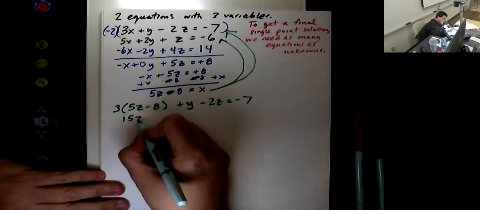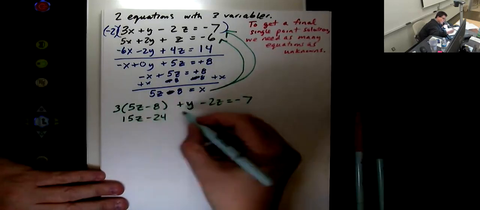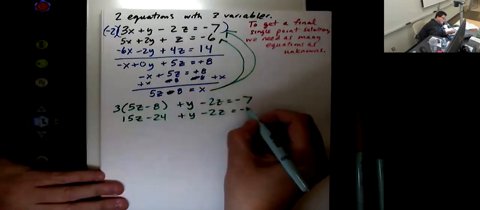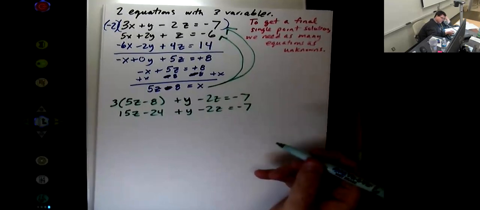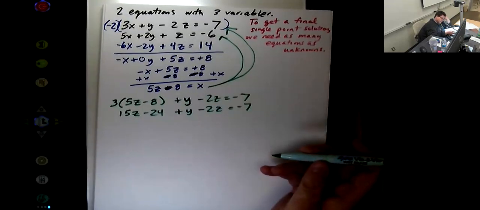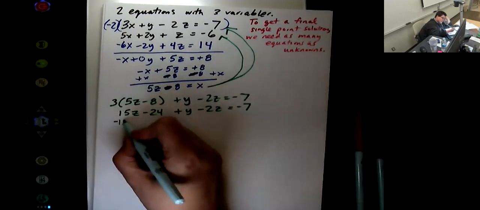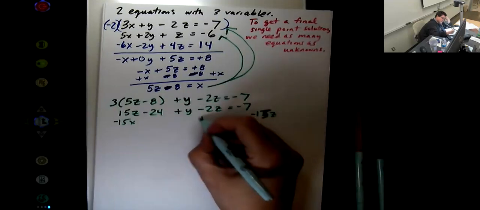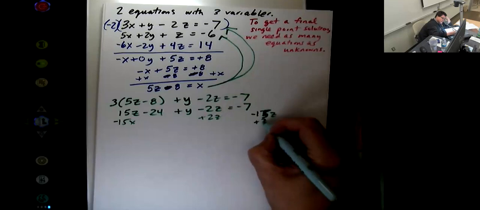So I've got 15z minus 24 plus y minus 2z equals -7. And I'm just going to do these all at once. I'm going to subtract 15z over. I'm going to add 2z to both sides.